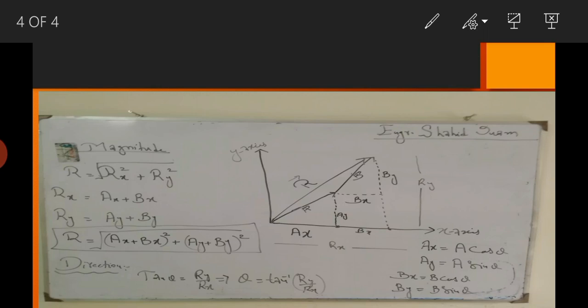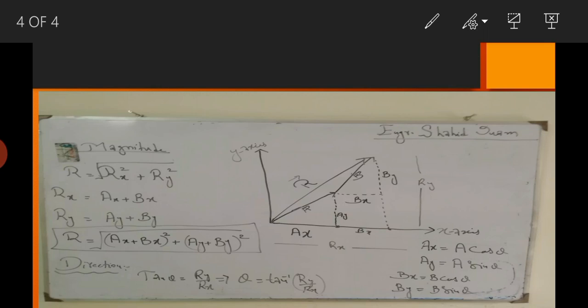Similarly, for the above triangle, that is line B, bx and by, the bx component will be equal to B cos theta and the by component will be equal to B sin theta. By head to tail rule, we have added the two vectors, but we need the resultant vector, that is R, and here R will be equal to the square root of rx square plus ry square.